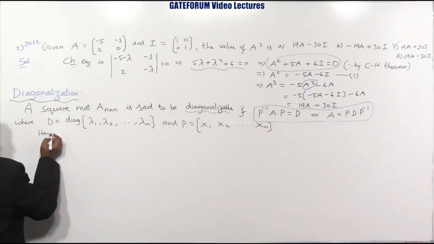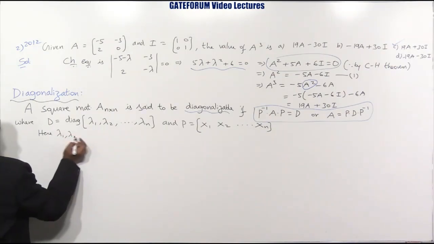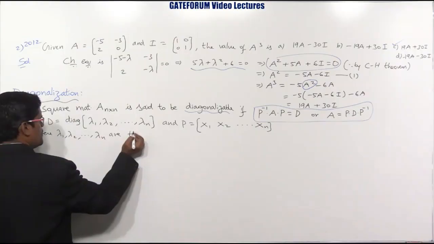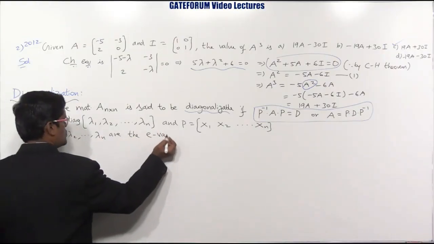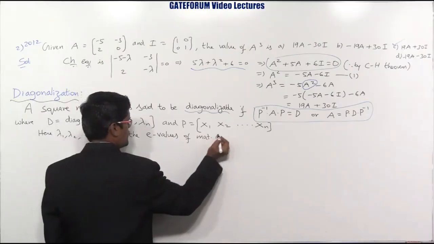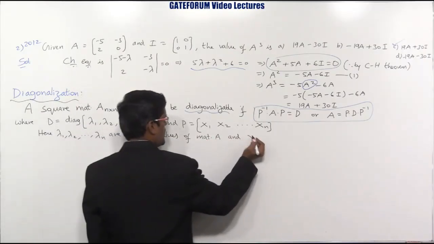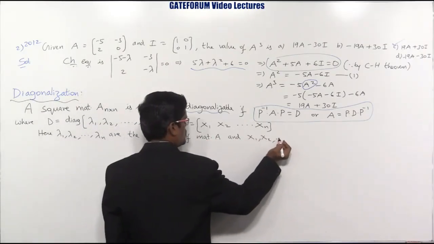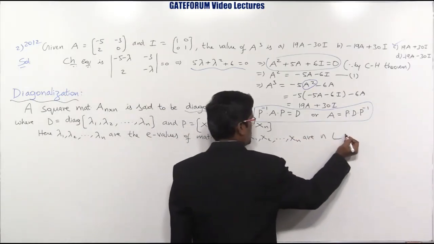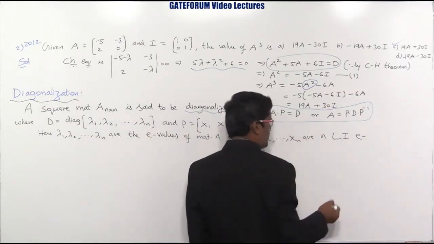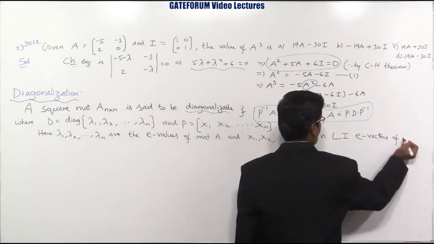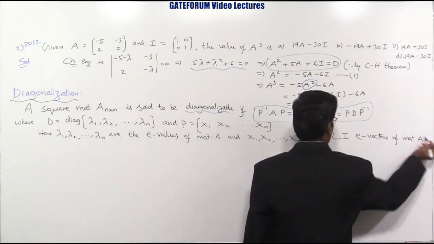Here lambda 1, lambda 2, and so on, lambda n are the eigenvalues of matrix A, and x1, x2, and so on, xn are n linearly independent eigenvectors of matrix A.